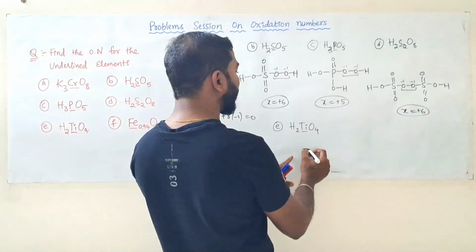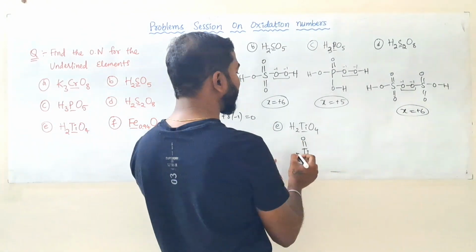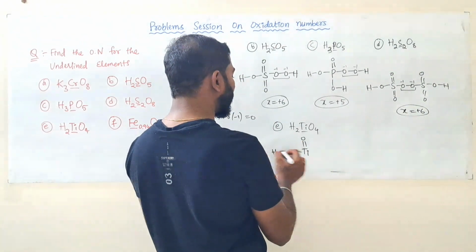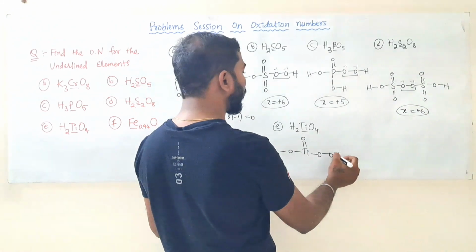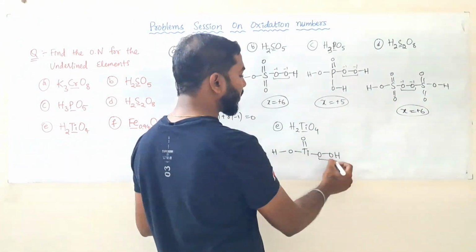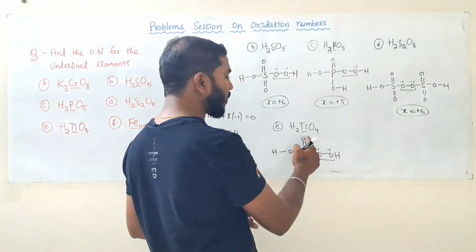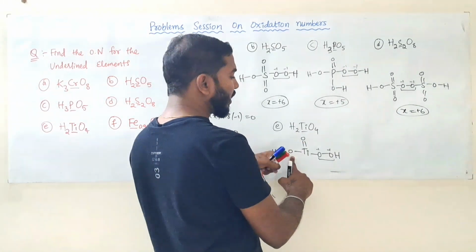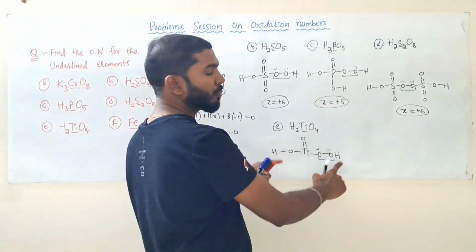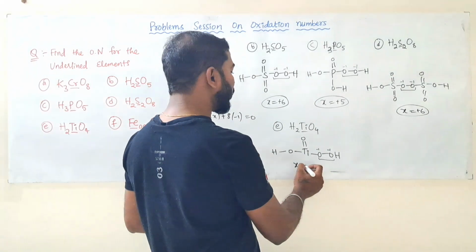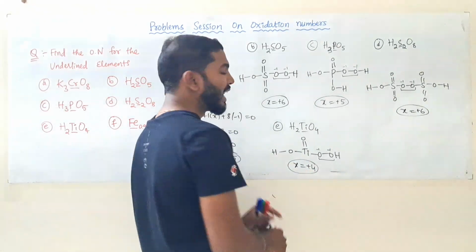Just have a look here. Titanium will have a double bond O with OH, and then there is one more OOH. Now for these 2 particular oxygens, minus 1 and minus 1, the other oxygens will be taken minus 2, and hydrogens are taken plus 1, we know that. So finally we are going to get the oxidation number as plus 4.